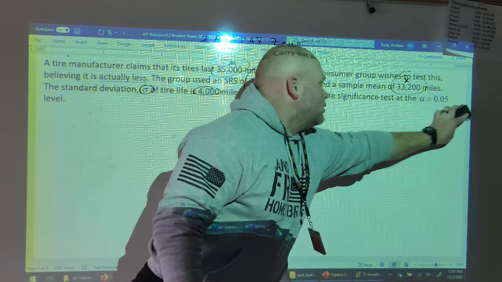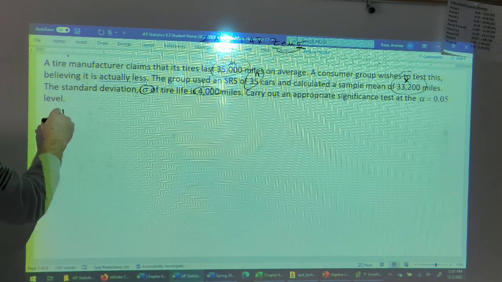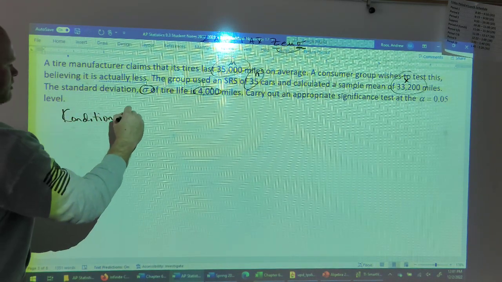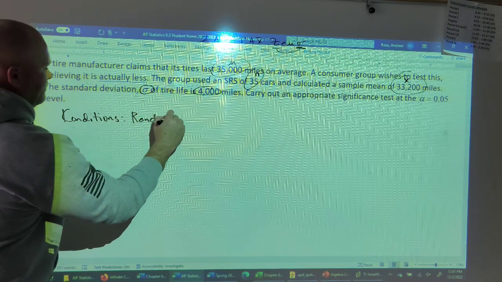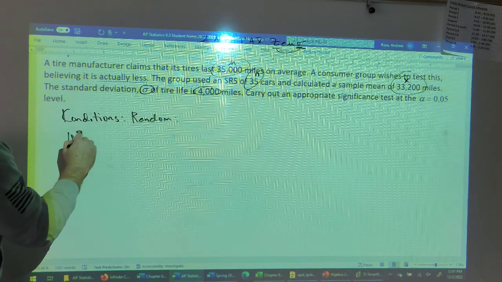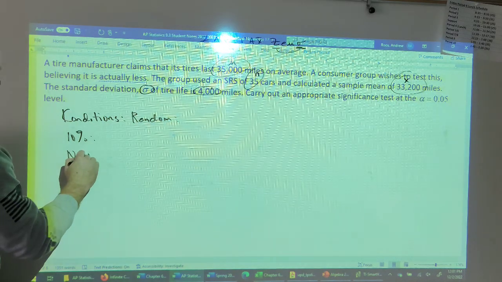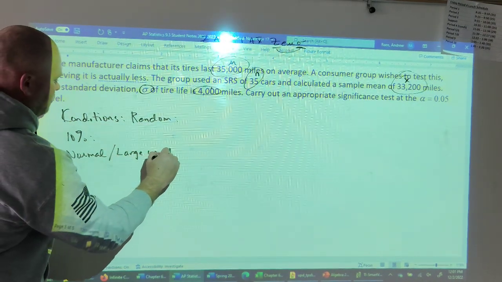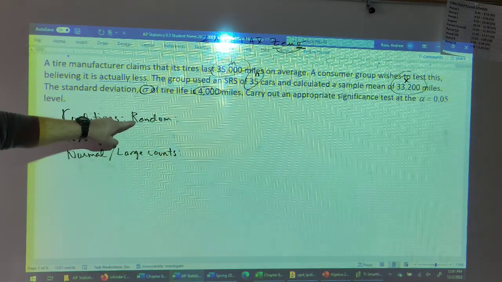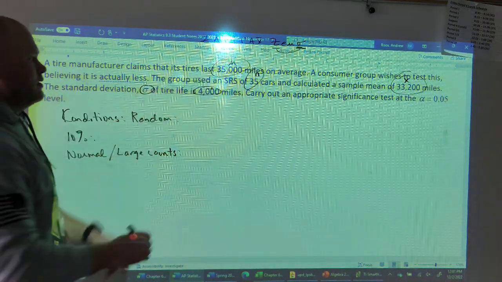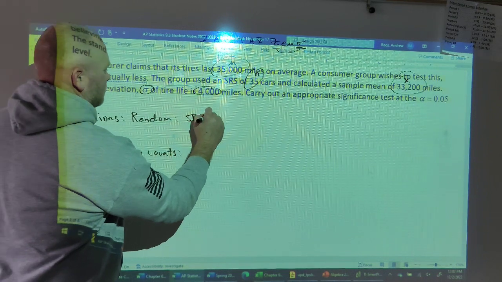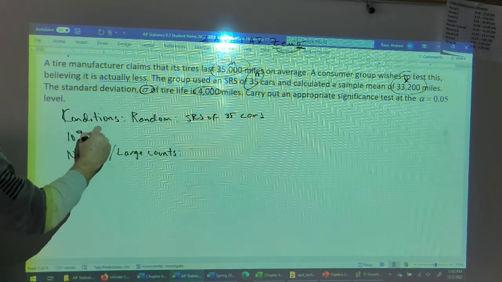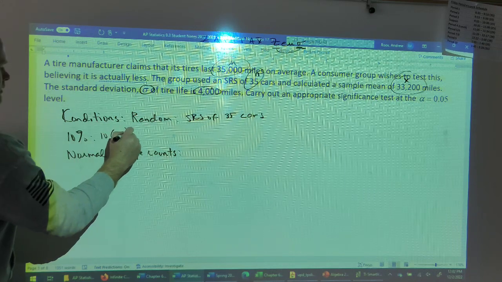So first, conditions: random, 10%, normal large counts. Was it random? Yep, SRS of 35 cars. Okay, 10%: 10 times 35.